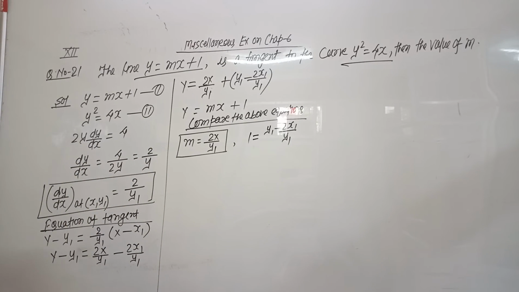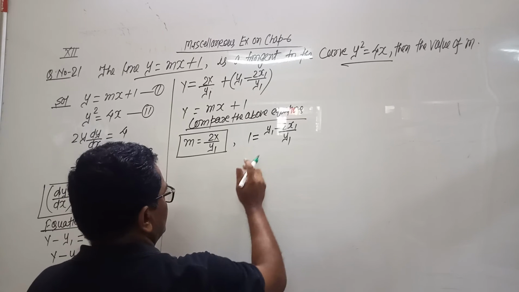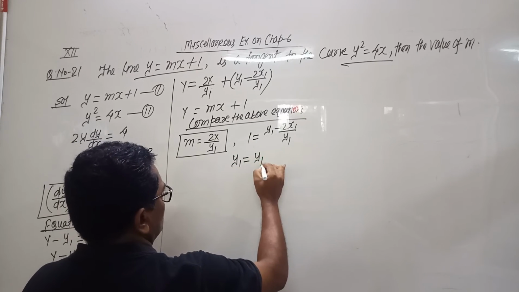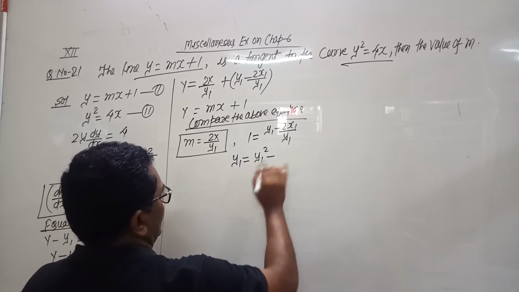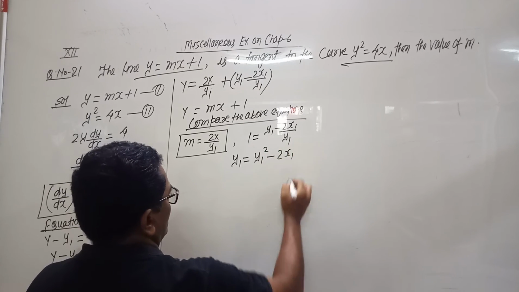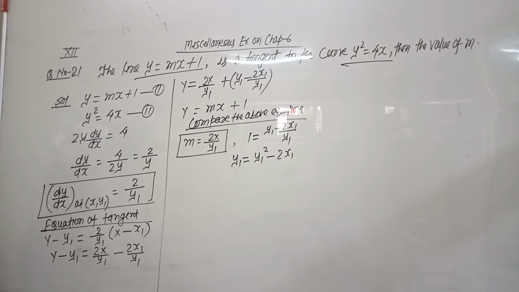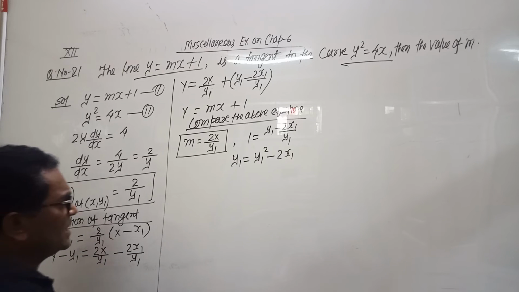And we solve this equation. So by cross multiplication, y1 equals y1 square minus 2x1.